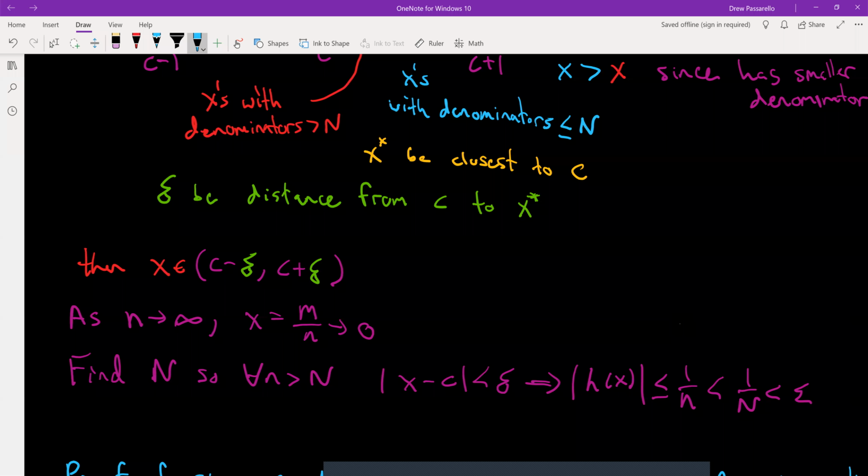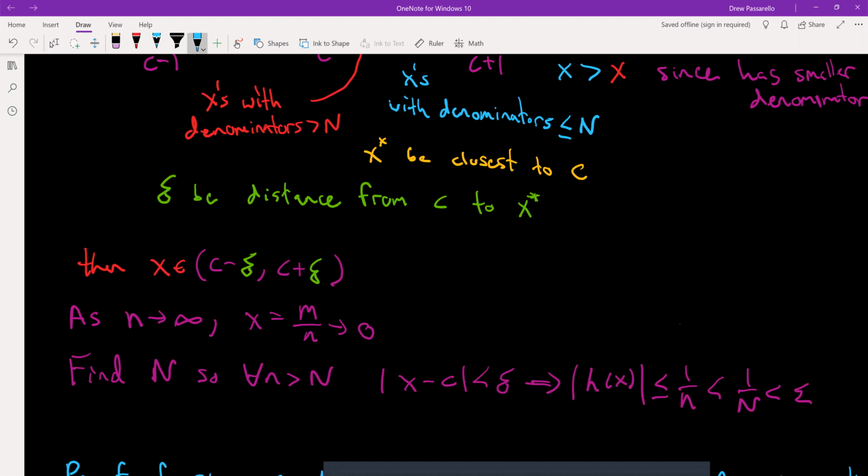So we need to find capital N, so that for all little n bigger than capital N, for all the irrationals in this delta neighborhood around c, the absolute value of x minus c less than delta implies the absolute value of h of x minus h of c, which is just h of x, because h of c is 0 since c is irrational and our function evaluated at irrationals is 0.